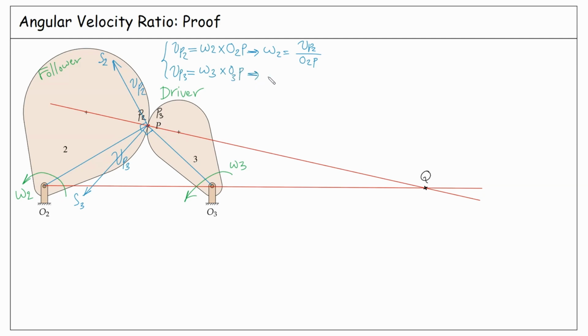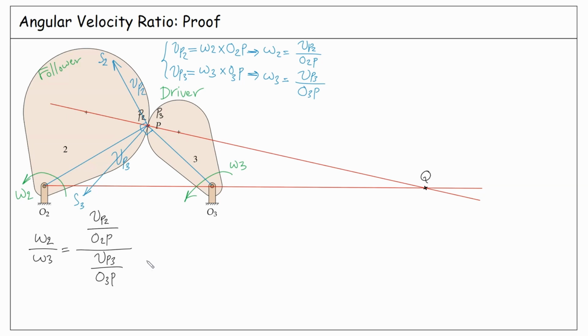From there, omega 3 is velocity of P3 over O3P. Therefore, the ratio of omega 2 to omega 3 is velocity of P2 over O2P, and this one velocity of P3 over O3P.